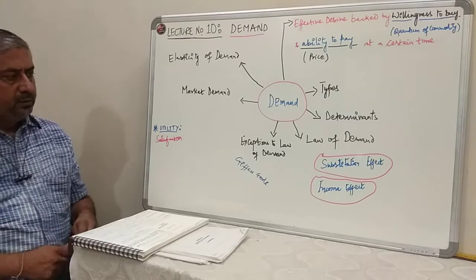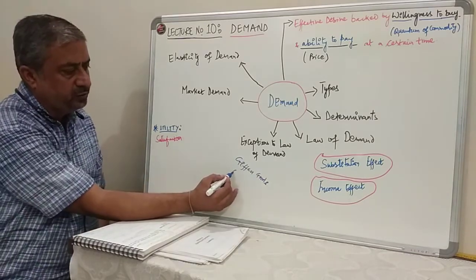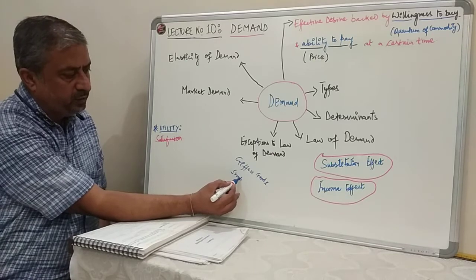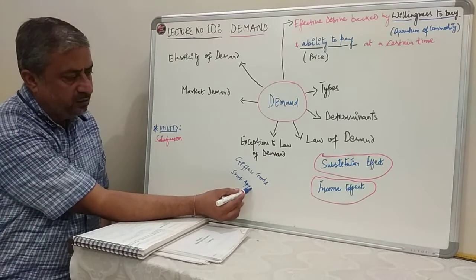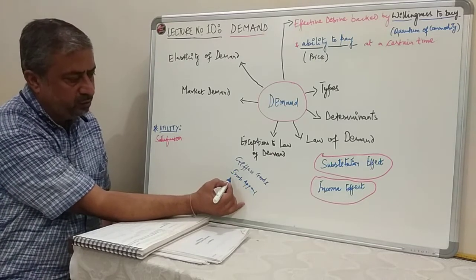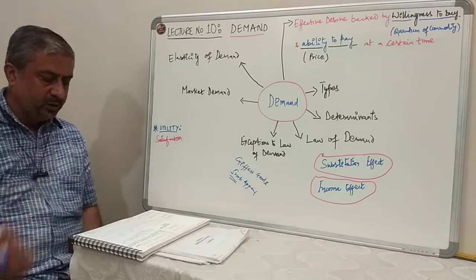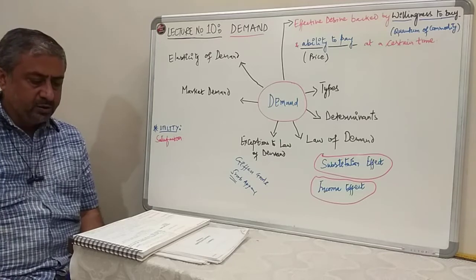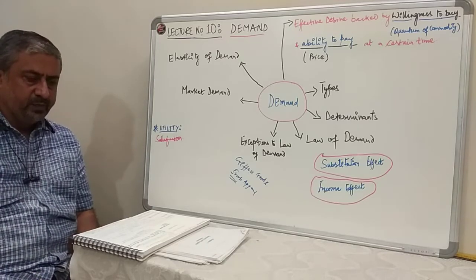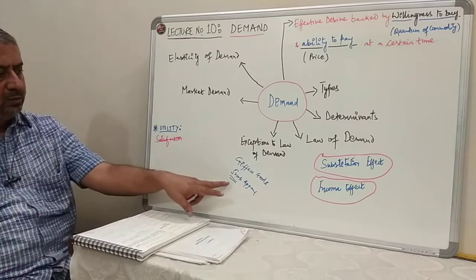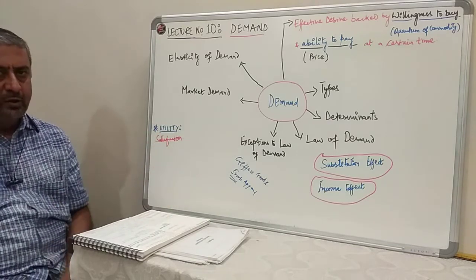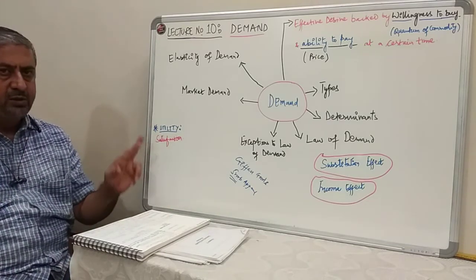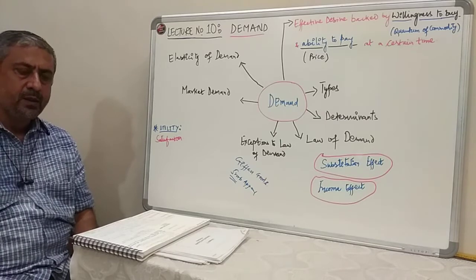Snob appeal. There are certain goods which have snob appeal. Some goods are bought only for snob value, for example, to maintain a certain social status. You're not bothered about the utility of these kinds of goods. Now, what is utility? Utility simply means satisfaction, right?